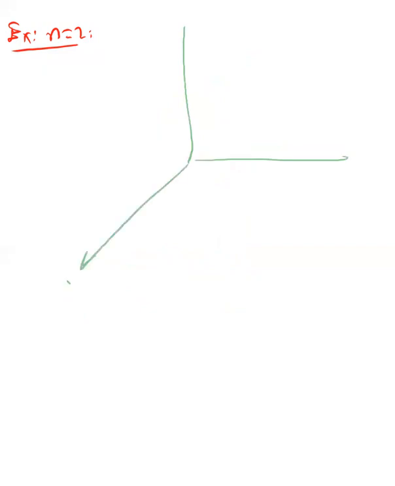This is the x1 coordinate, x2 coordinate, and x3 coordinate. We can represent RP2, or PR2. So these are the lines through the origin, the one-dimensional subspaces. And we can represent it like this.